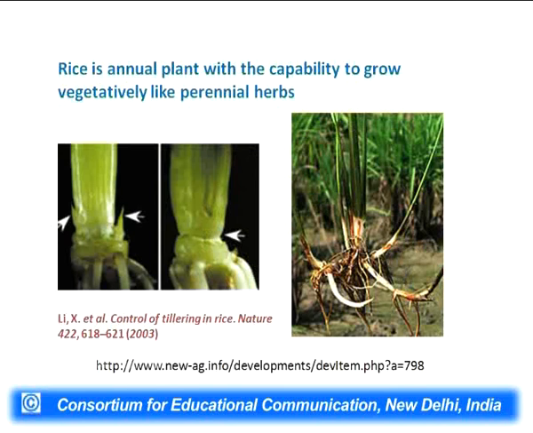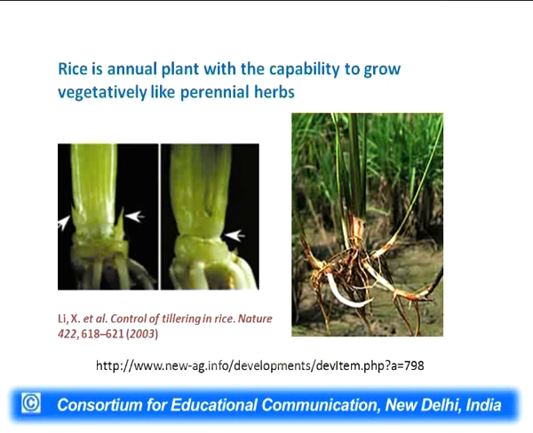But interestingly again, like banana, rice is also capable of growing vegetatively. All the farmers know, if you keep about 3 plants sown in the soil, after a few weeks you will have more and more plants coming up by the sides, which are called tillers.